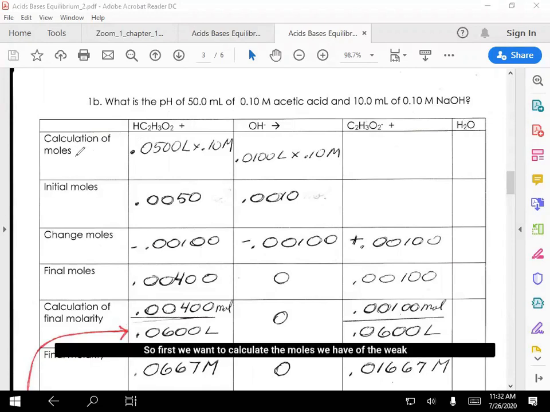So first, we want to calculate the moles we have of the weak acid. We take the milliliters, change it to liters, multiply by the molarity, and that would get our moles of acetic acid.